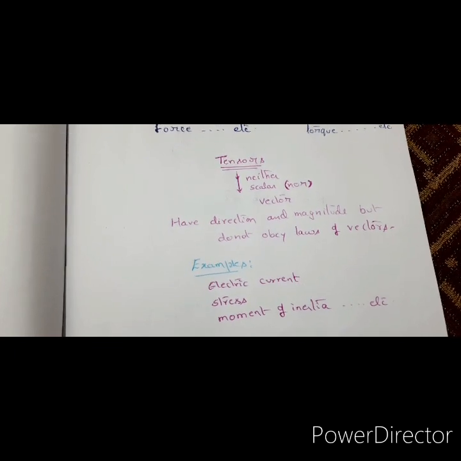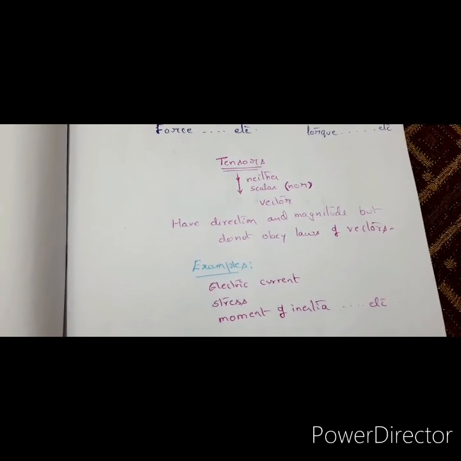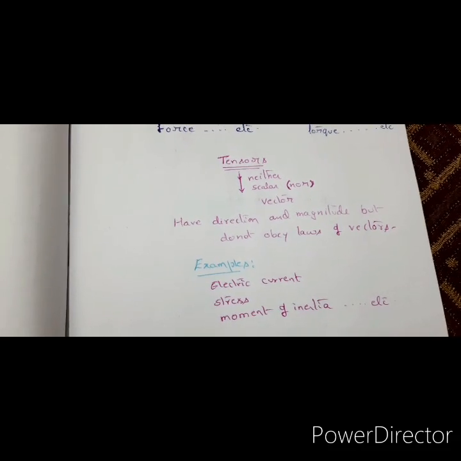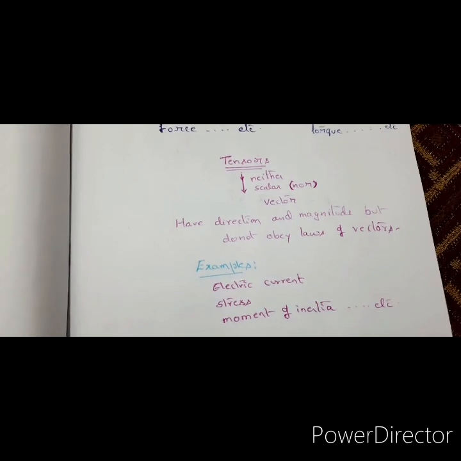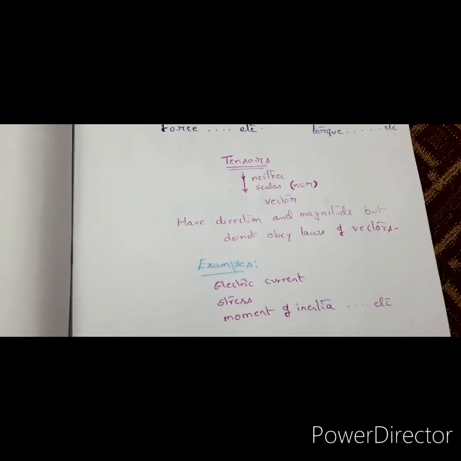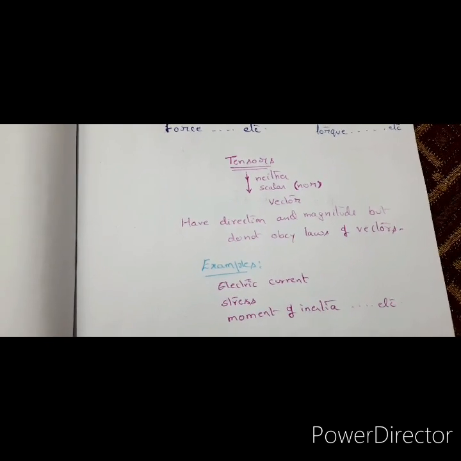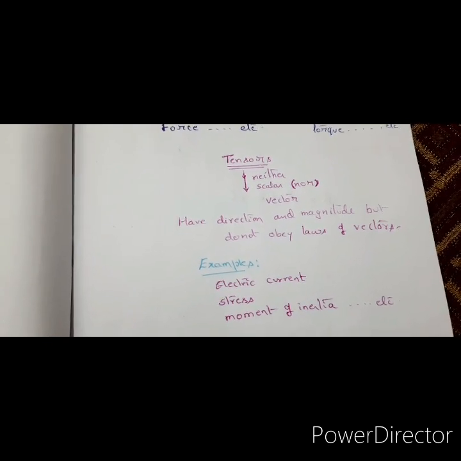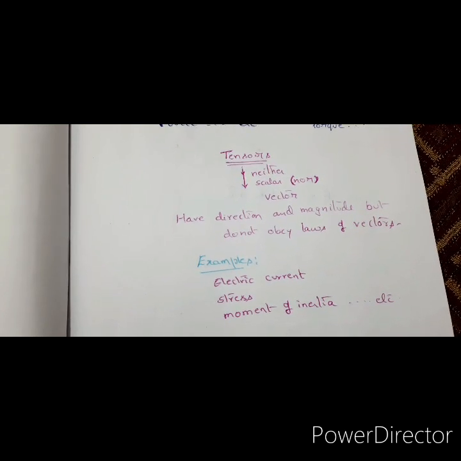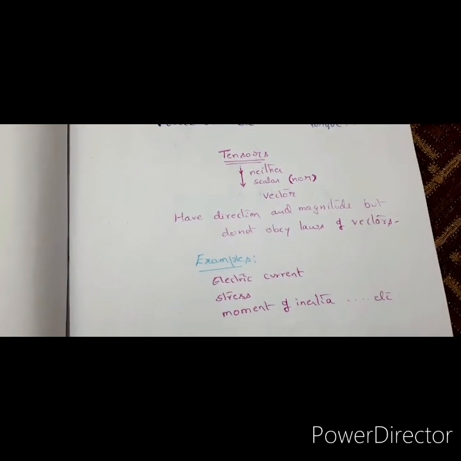So when you speak about electric current, the physical quantity, is it a vector quantity? No, it is not a vector. It has direction and it has magnitude, but still it is not a vector. Why? Because it does not obey laws of vectors. This is a tensor.